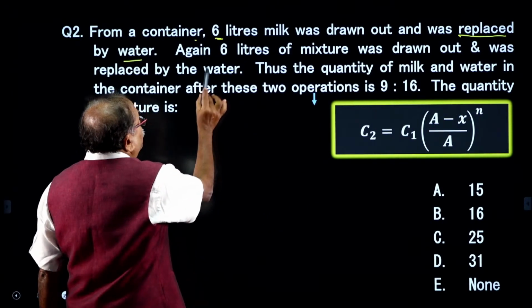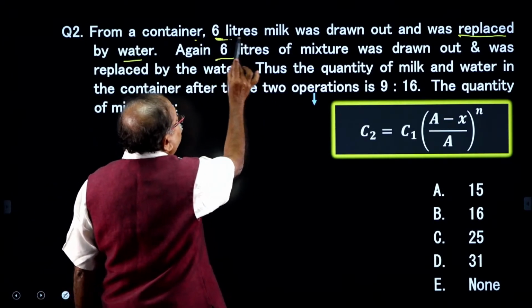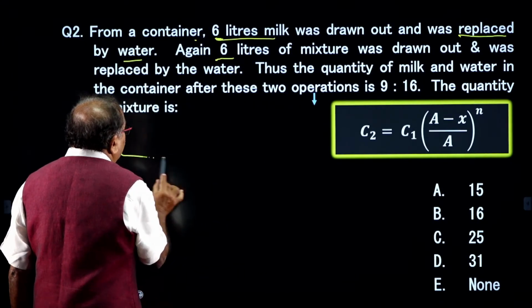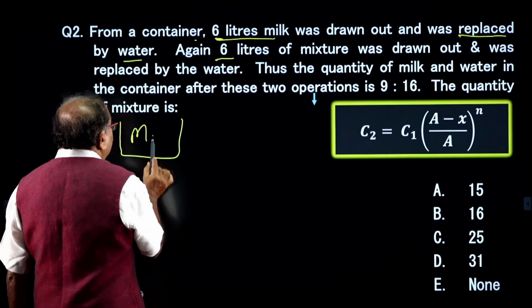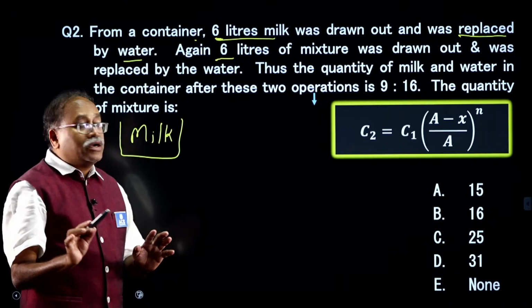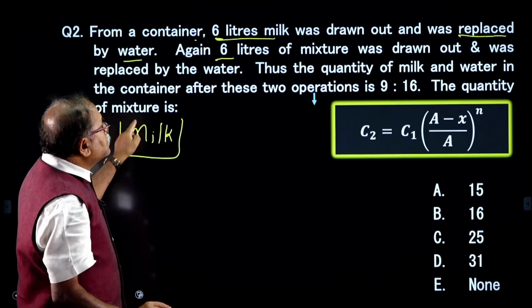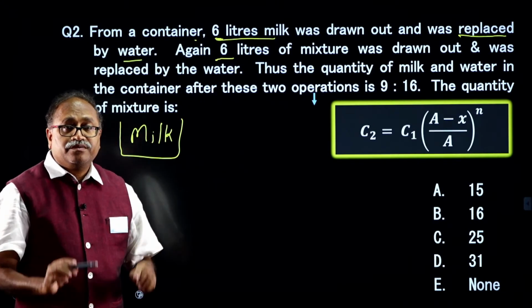Fine. Then again 6 liters is drawn from the container, that means in the container only milk is there. Initially only milk is there. So, 6 liters of milk is taken out and 6 liters is replaced.